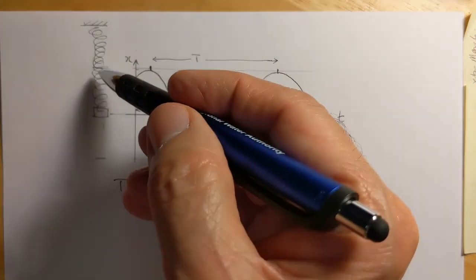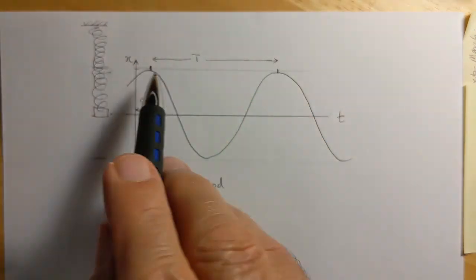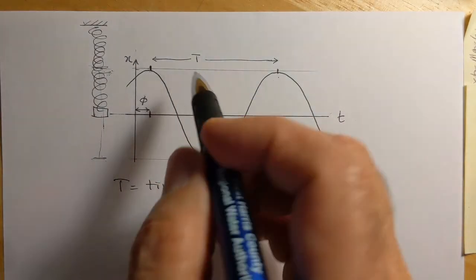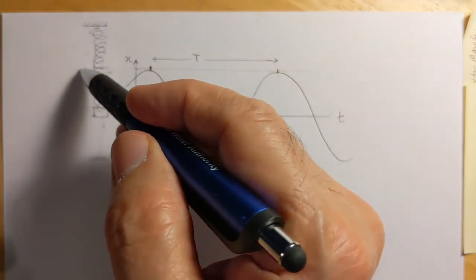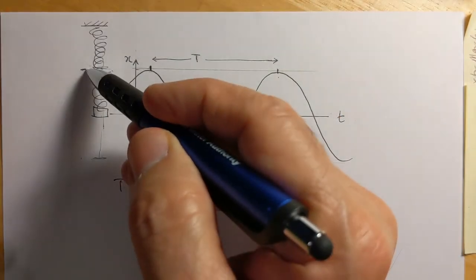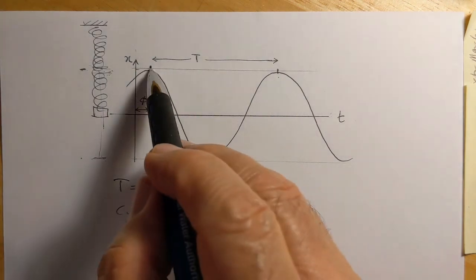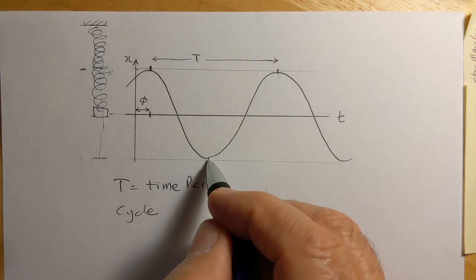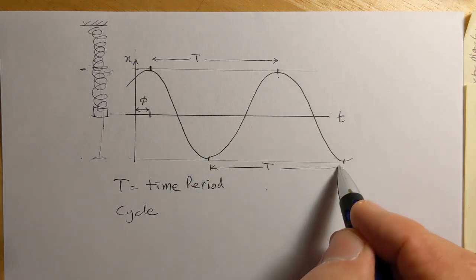Now the time between when it's at the top, reaches the bottom and comes back to the top, so from here to here, is called the time period. When it starts from here, reaches the bottom and goes back, that is one cycle. So one cycle is from here to here. It could also be from here to here, and this could also be a time period.